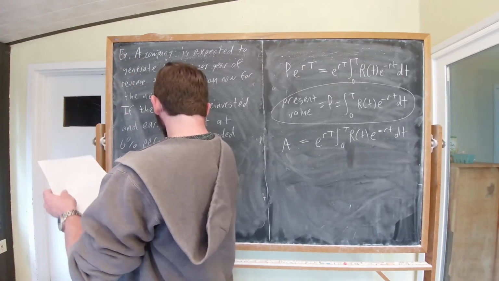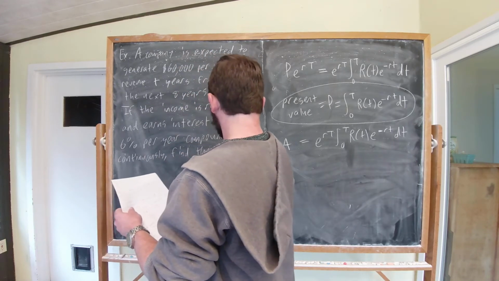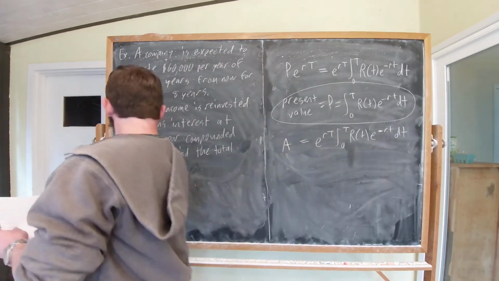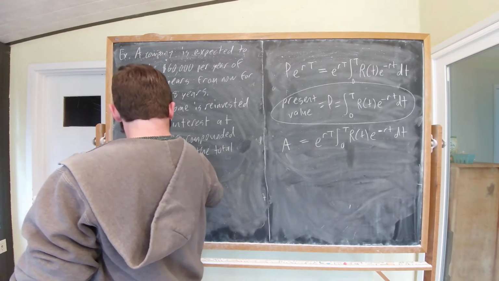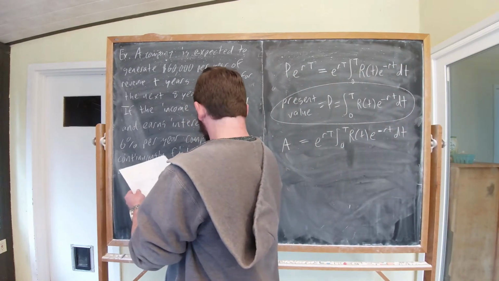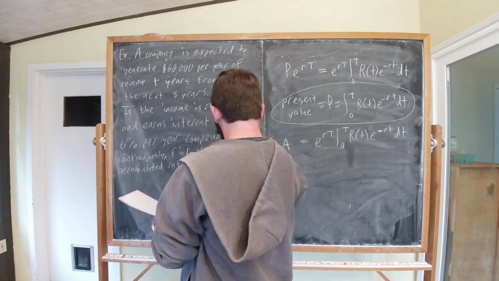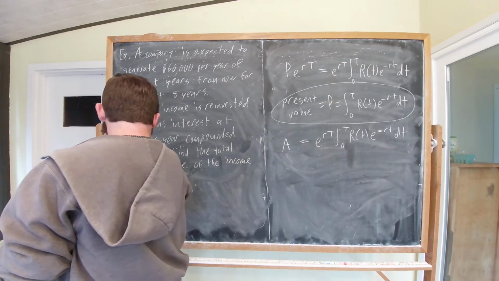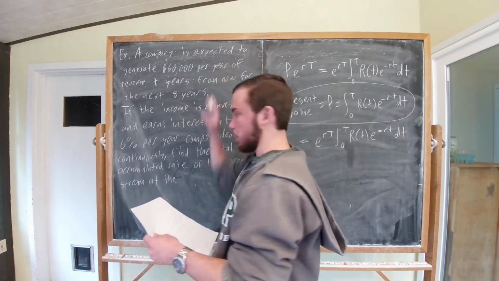Then we want to find the total accumulated amount of this income stream at the end of the 8 years. As long as we think our model is good for it, let's find it at the end of that.